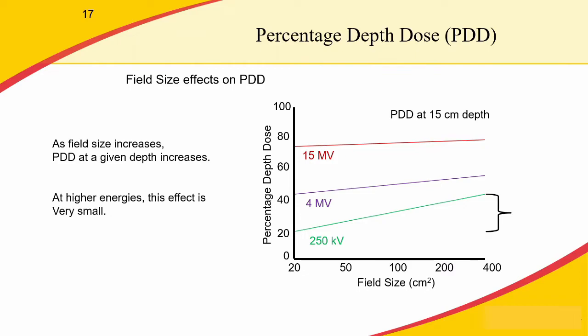We can see as we go from a 20 cm squared field up to a 400 cm square field that the PDD value at 15 cm depth almost doubles. However, as you go up in energy, this effect becomes smaller and smaller. So by the time you're up to the highest energy X-rays used for treatment, this effect is only a few percent.